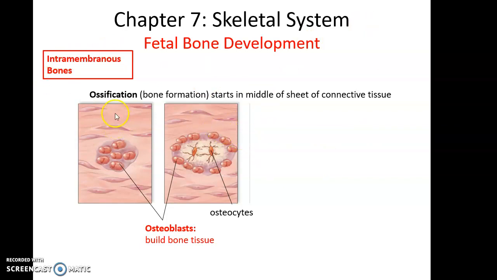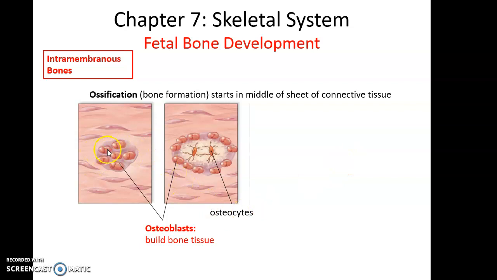Well, initially we had this big sheet of embryonic connective tissue, and in locations scattered throughout that big sheet, ossification centers would form. So little areas where bone tissue would begin to form, scattered all throughout.